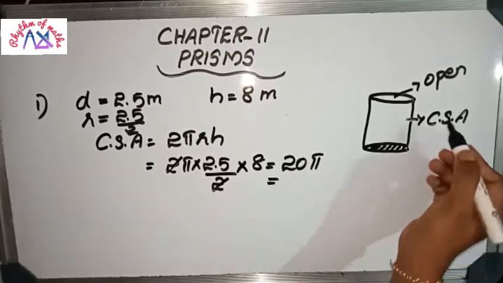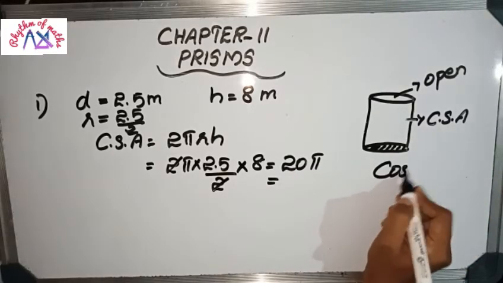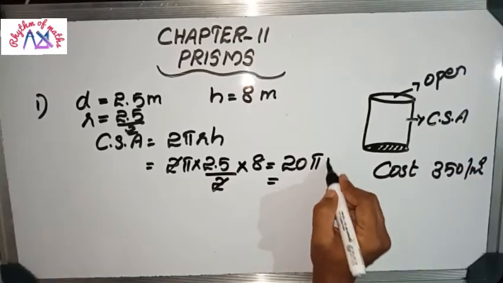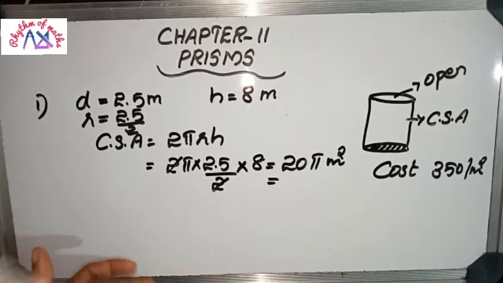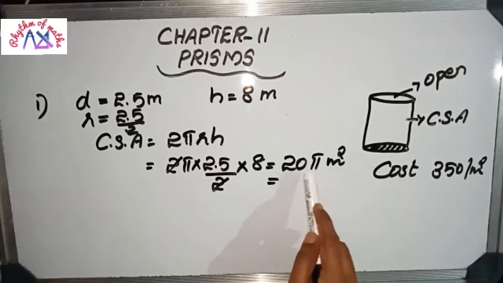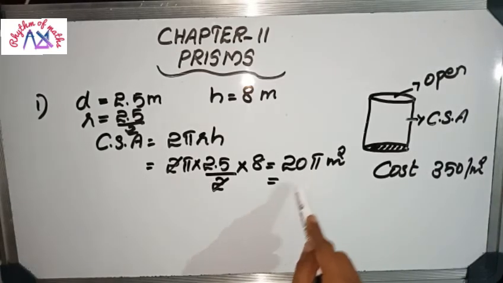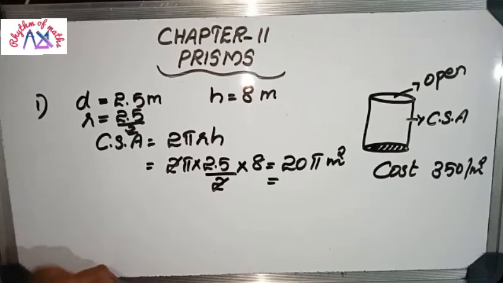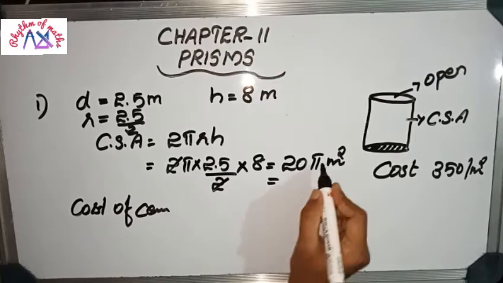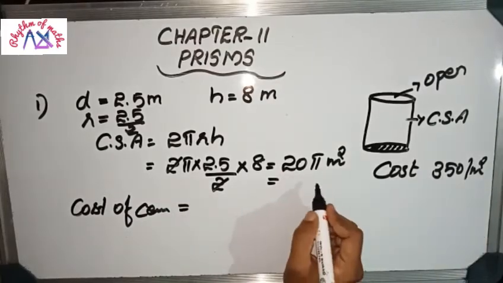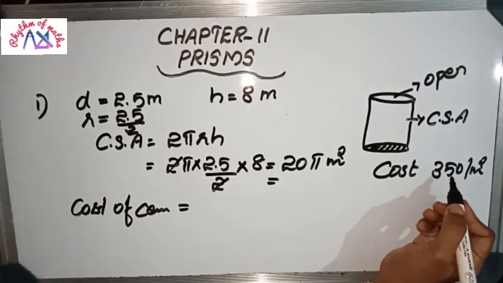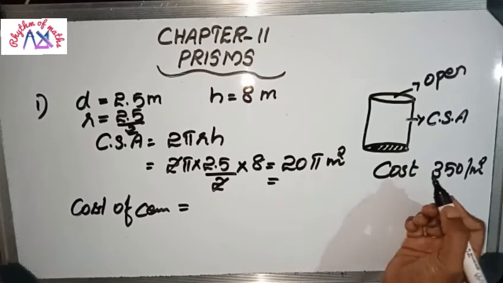Now here we need to find the cost, for 350 per meter square. So 20 pi meter square is the area, but to find the cost, the amount will always be a number. Pi is not allowed, so you have to apply the pi value here. So the cost of cementing will be this answer, the total curved surface area, into 350. For 1 meter square the amount is 350, so for 2 meter square the amount will be 2 into 350.